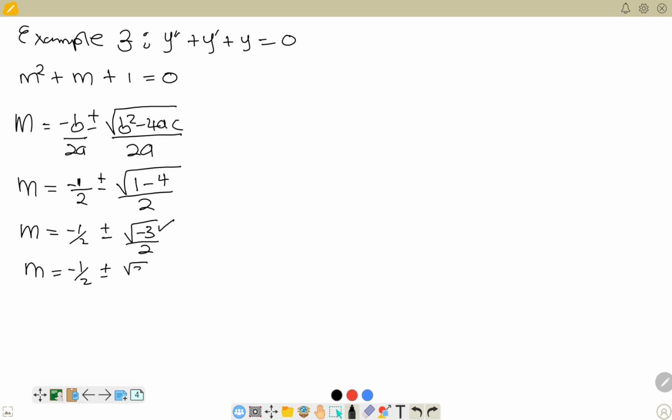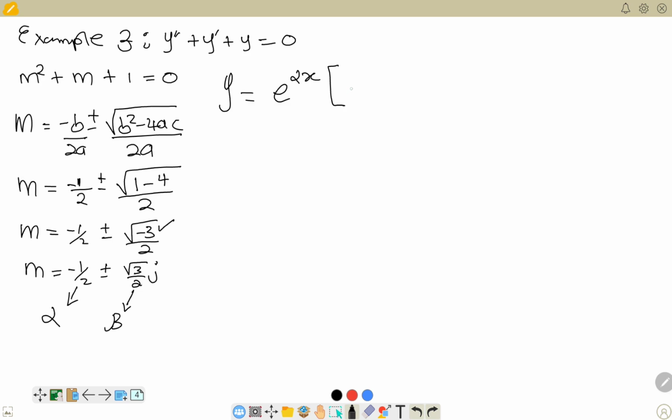So it's going to be square root 3 over 2, then j, because we'll take the square root of negative 1. So we can see that negative 1 over 2 is alpha, and square root 3 over 2 is beta.